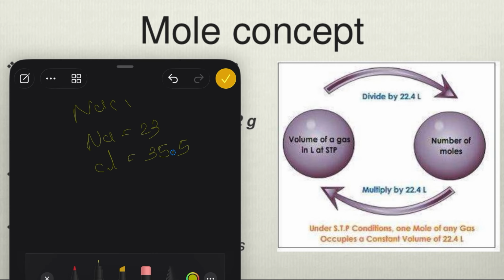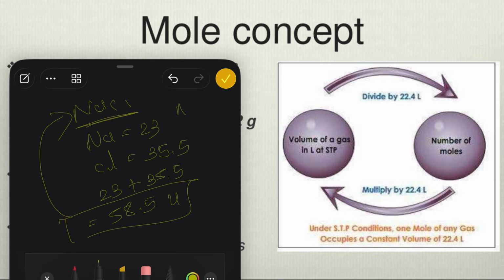Formula mass of NaCl means 23 plus 35.5 is equal to 58.5 u. This is the NaCl formula mass. Formula mass is used only for ionic compounds, meaning Na+ and Cl-.